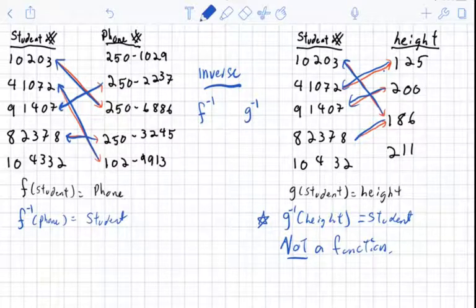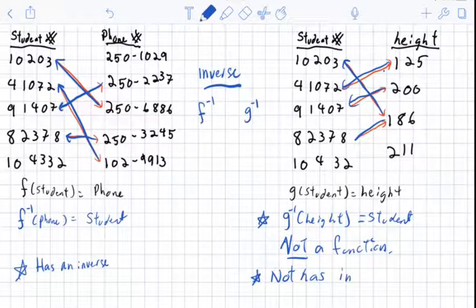It's just sometimes you don't get a function. And that's neat because what we've just seen is there are some functions that have inverses and some functions that do not have an inverse. It does not have an inverse.